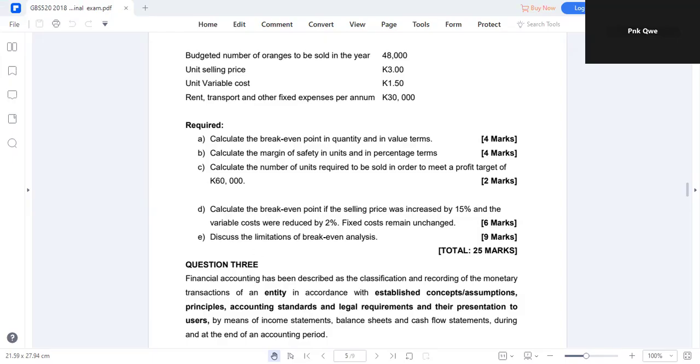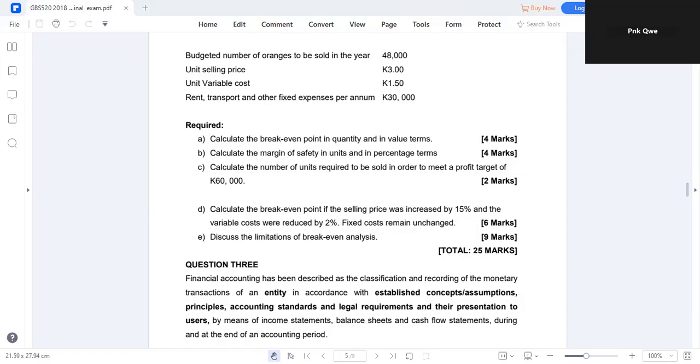All right. So I repeat, what changes have we made? Selling price has increased by 15%, variable costs have reduced by 2%, the fixed costs have remained unchanged. So we need to calculate our new break-even point. So let's first adjust the prices. We must understand that there is an increase by 15% from 100%. You just add 15% to 100. So 15 increased by 100%, meaning we're going to have what? 1.15.